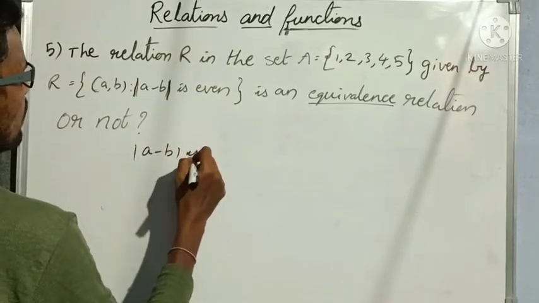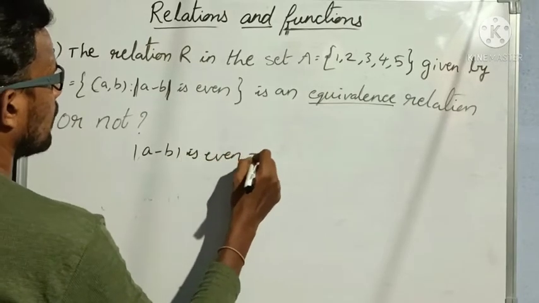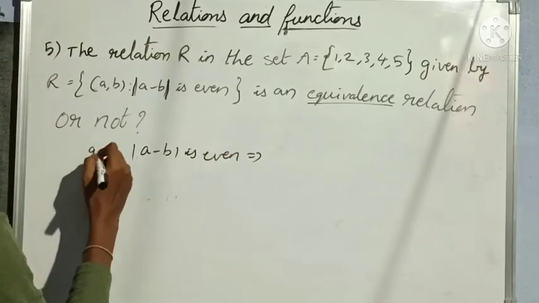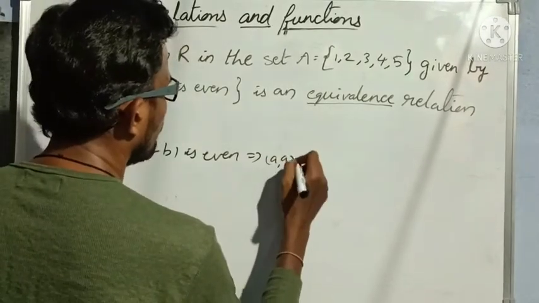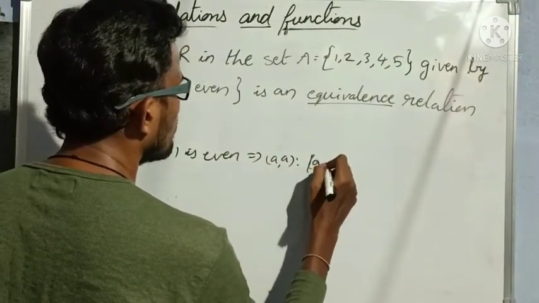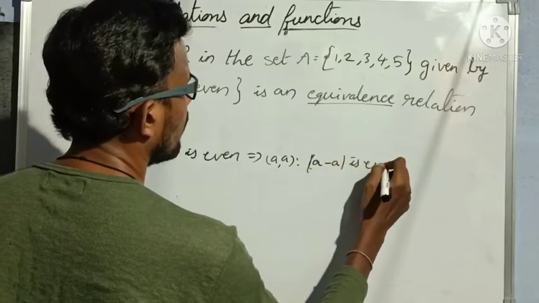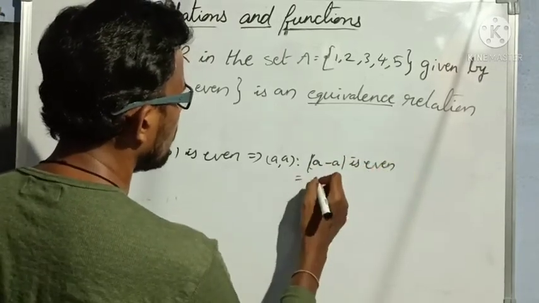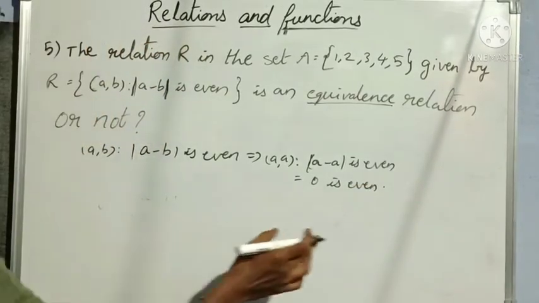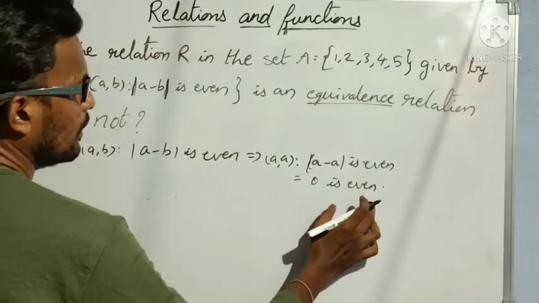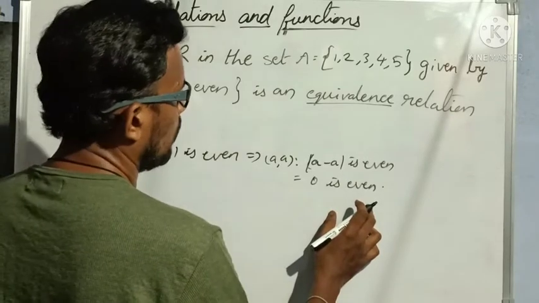First, suppose modulus of a minus b is even, meaning (a, b). Now (a, a): what should be there? Modulus of a minus a is even. Modulus of a minus a is nothing but 0. Is 0 even or not? Yes. What is the definition of an even number? Any number divisible by 2 is even.